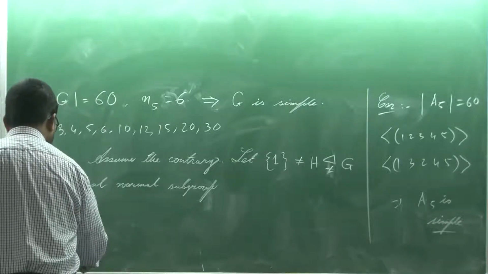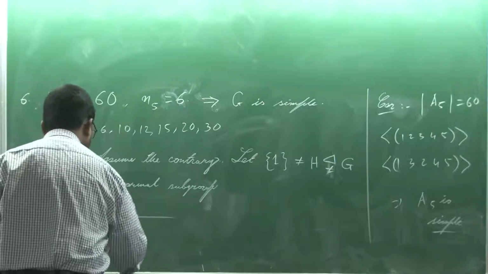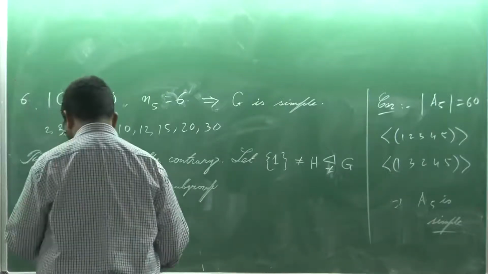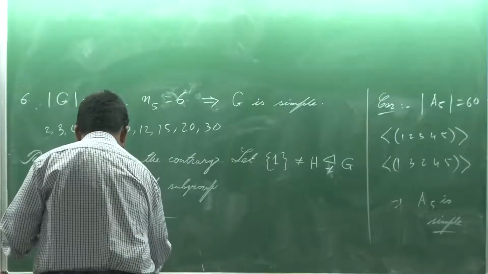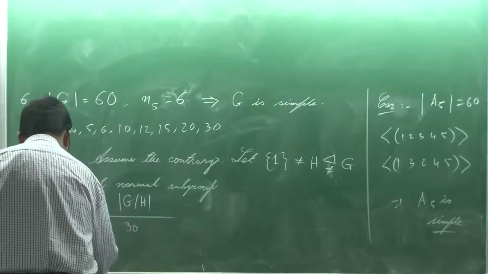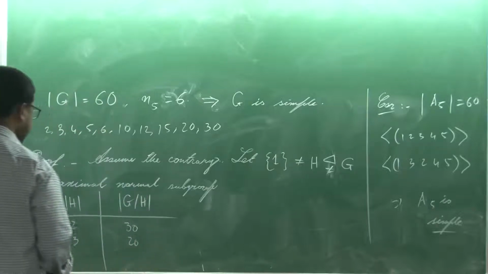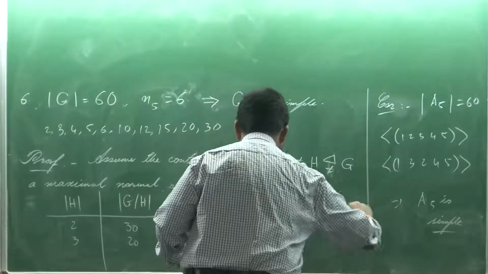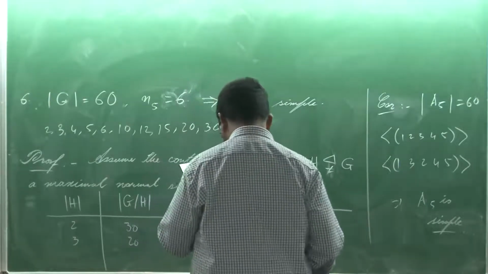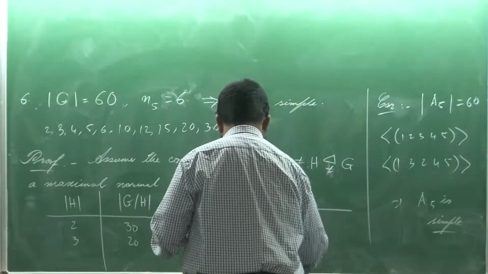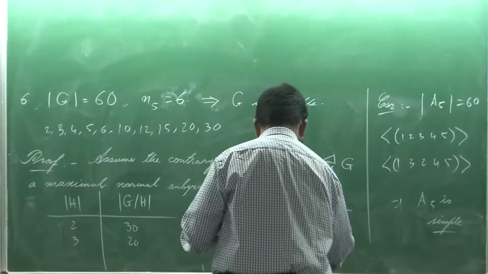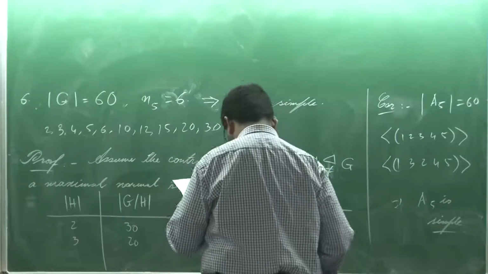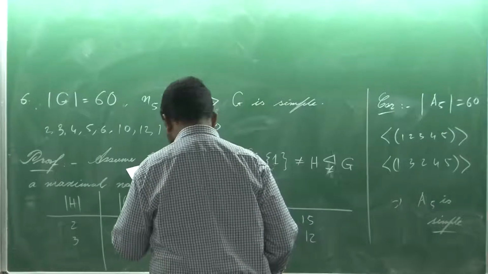In one column let the order of H, and in another column the order of G mod H. So, if this is 2, then it will be 30, 3 it will be 20, 4 it will be 15, 5 it will be 12, 6 it will be 10.